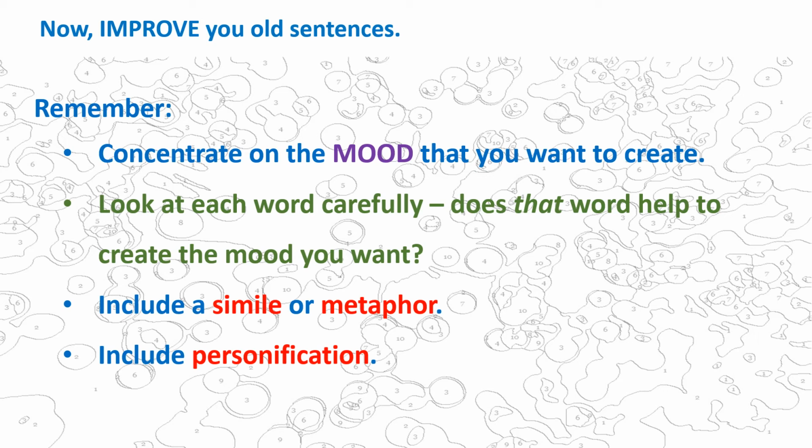If the words you have don't really help to create the mood that you want, then perhaps you should go online to a thesaurus. Now, a thesaurus is a bit like a dictionary, okay?